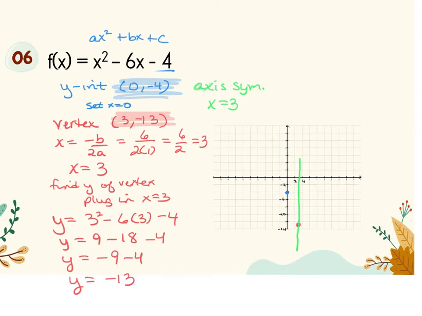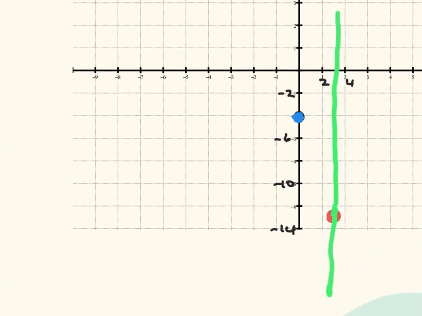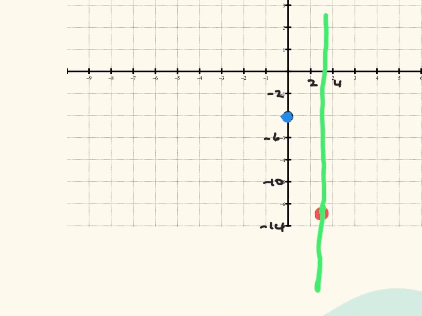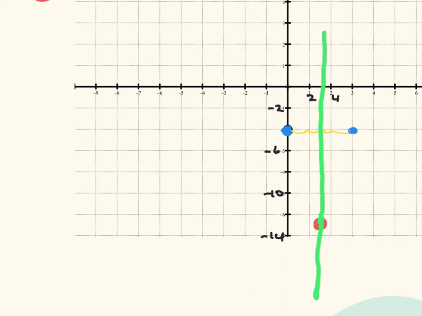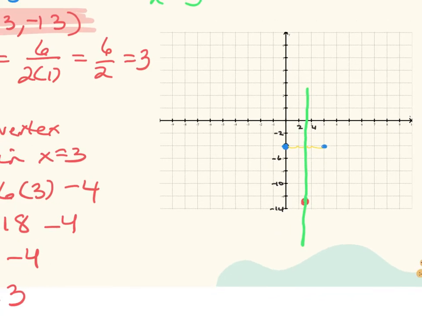And now to get the other side, I'm going to go, see how this is 1.5 spaces away? I can go 1.5 spaces away and put my third point right there. So now let me connect those and make my graph.